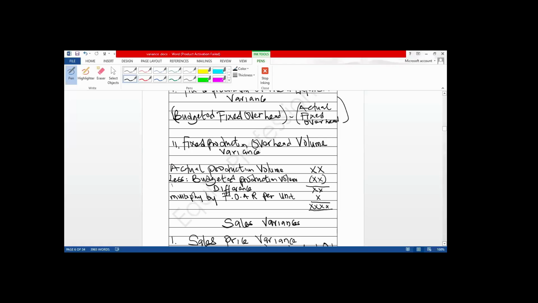If I ask you, what is the cost to produce one bottle of Coke? You are going to calculate the material cost for the bottle of Coke, labor cost for the bottle of Coke, variable overhead cost for that Coke, fixed overhead cost for that Coke.